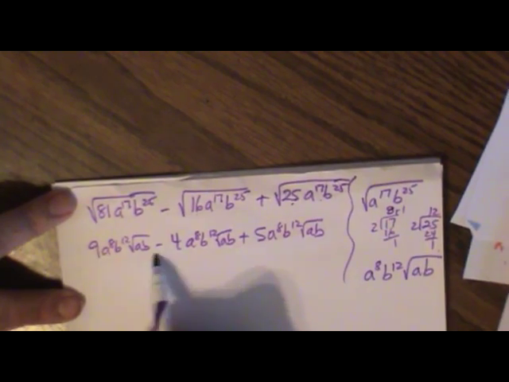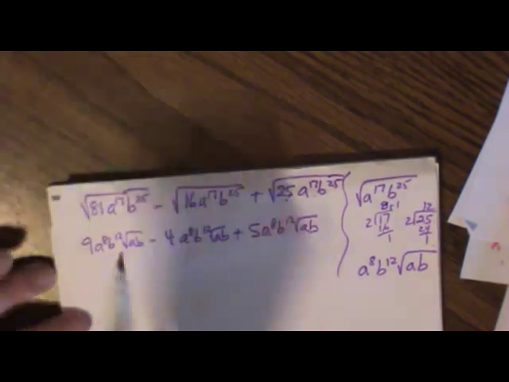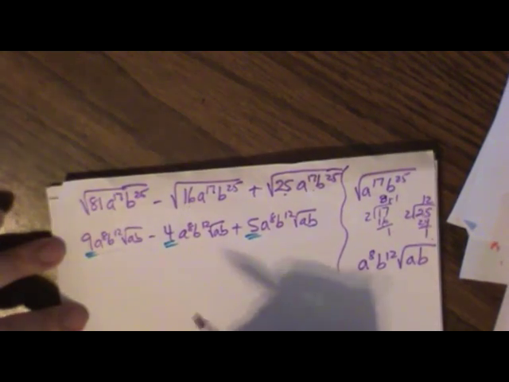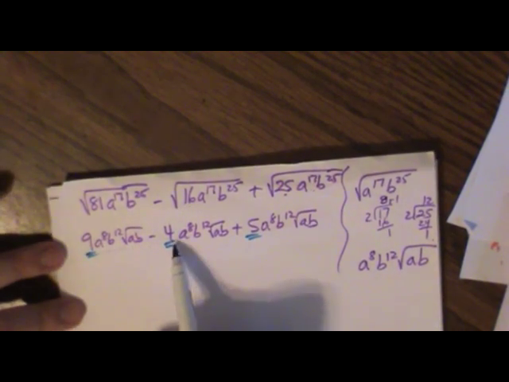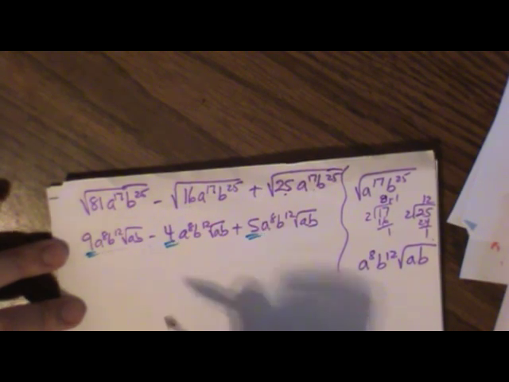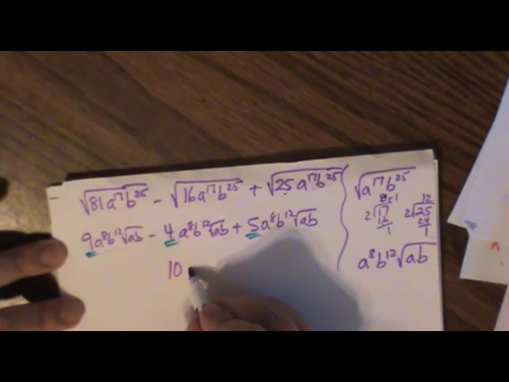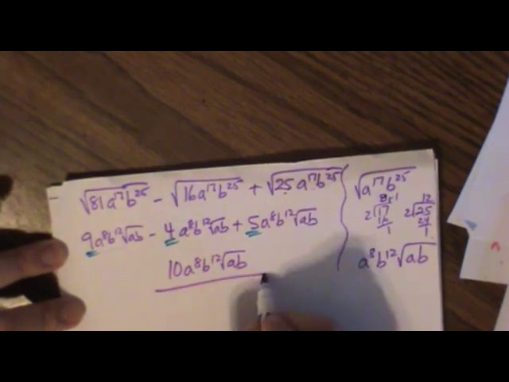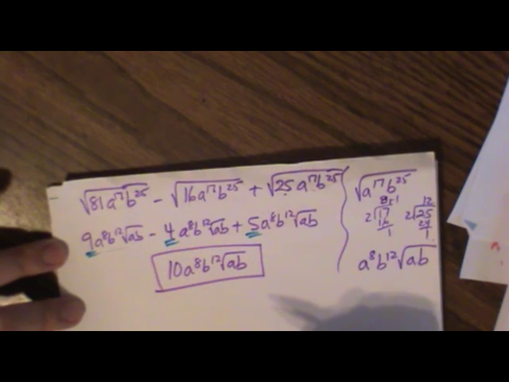Since our tags are all the same, we only have to worry about our coefficients. So 9 minus 4 is 5, plus 5 is 10. So 10 plus our tag, or our label, and that's our answer.